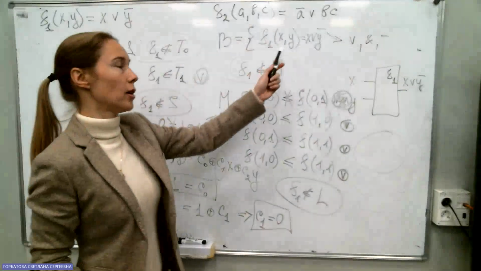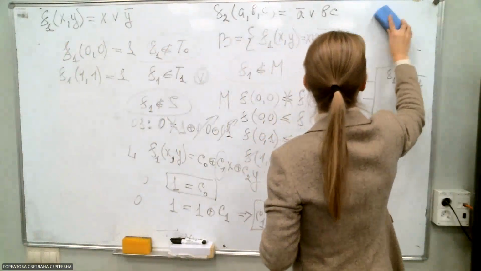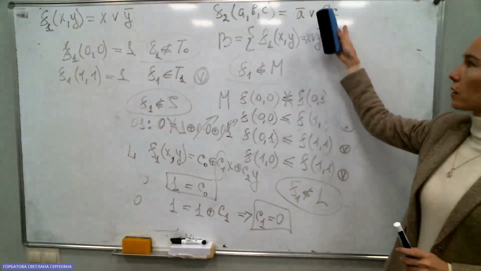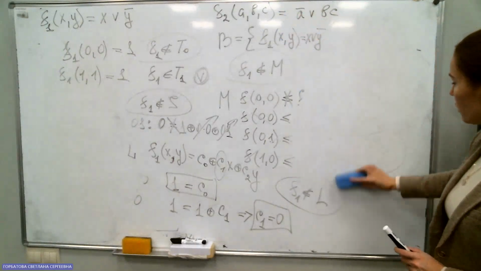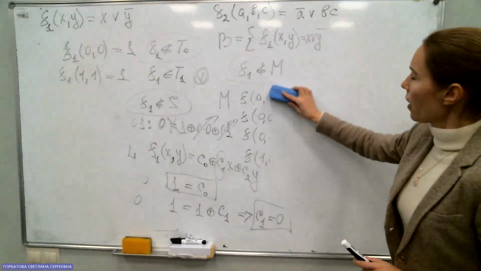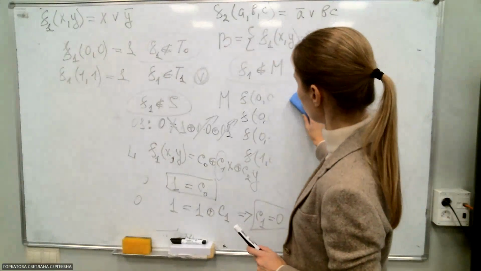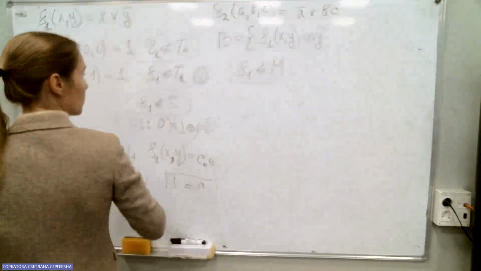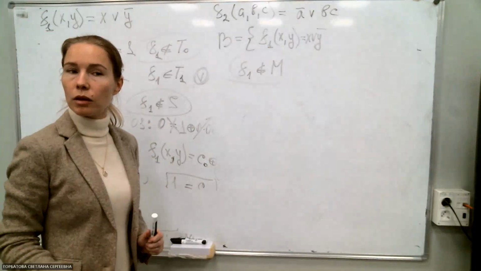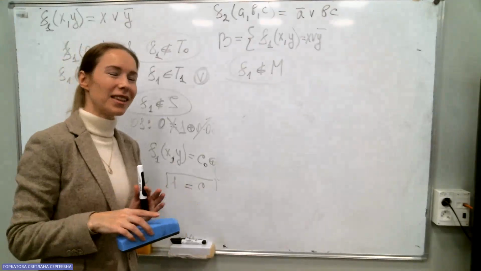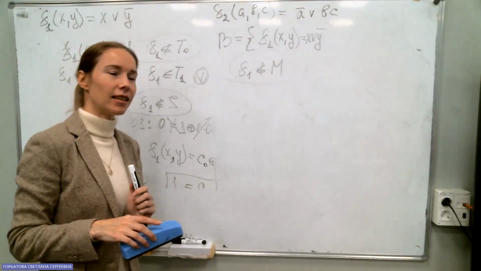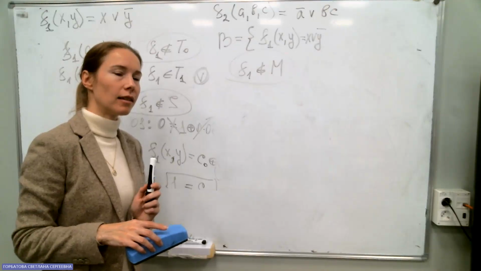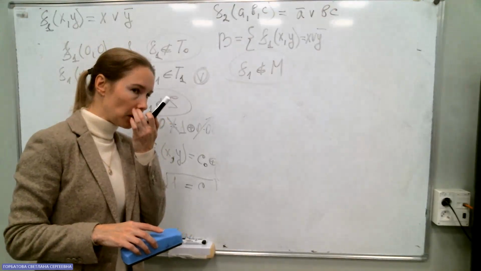So we need to add here, in this future basis, something else. Which one is equal to 1, and there is one more condition where our function was failing. It has to satisfy those two conditions to make it functionally complete.